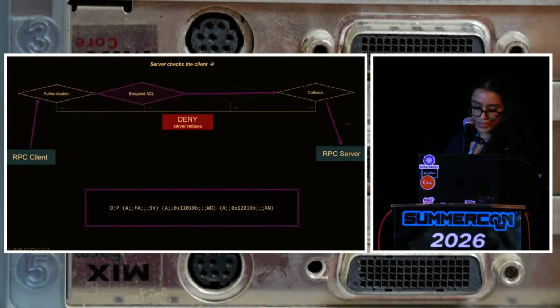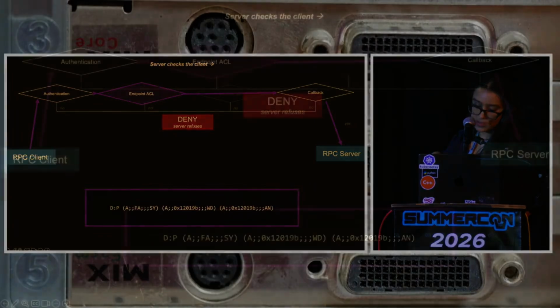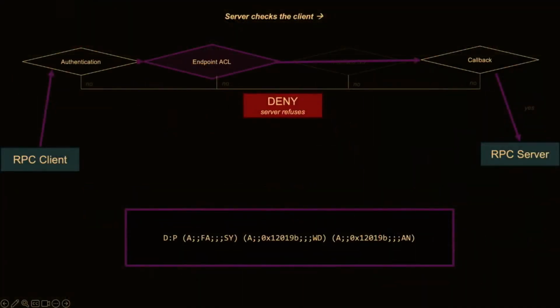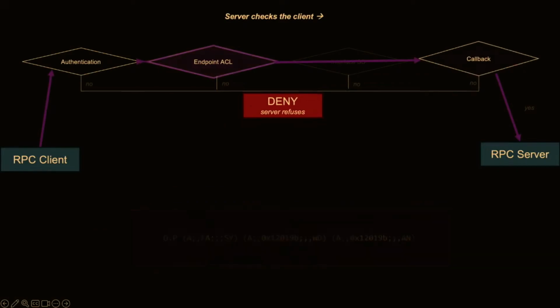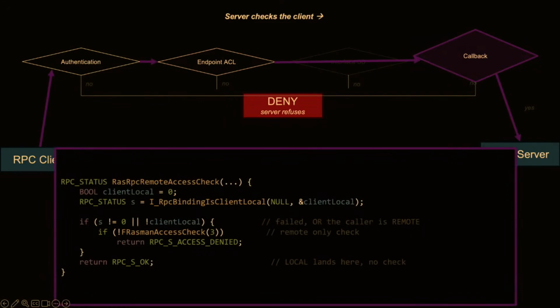Next, the endpoint ACL that it registers just means everyone and anonymous, so we can get past that. And then there's a callback security function it registers as well. In RPC, you can register specific security callback functions to do additional custom filtering, if, for example, you don't want a certain client to access a certain interface or call a certain function.